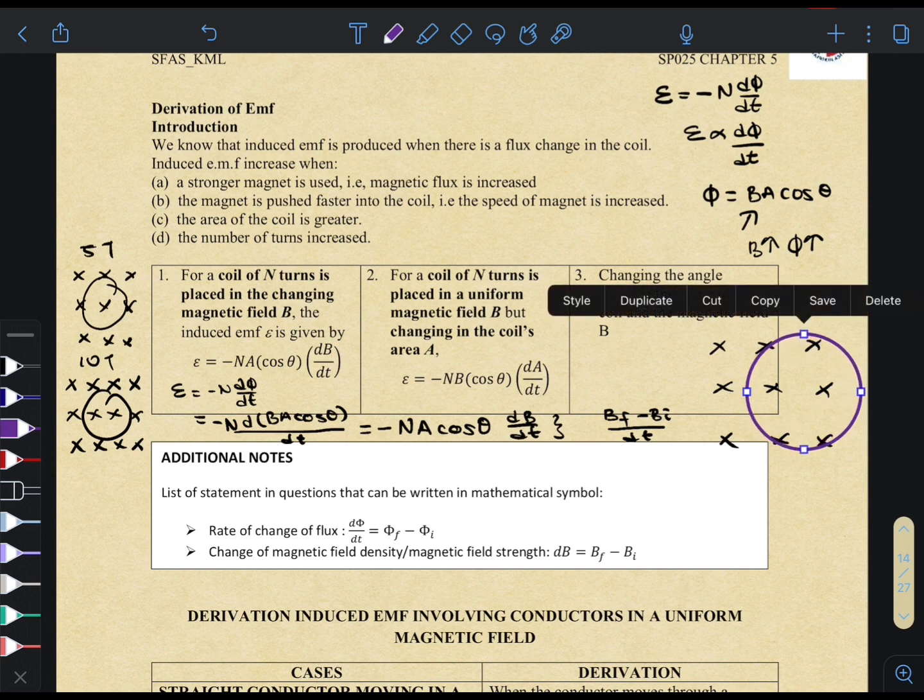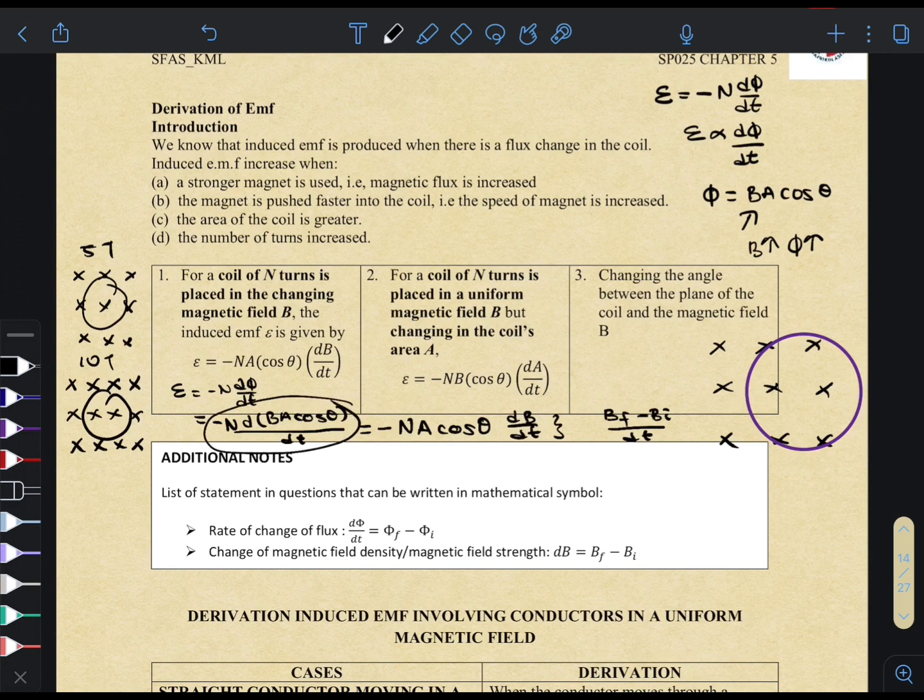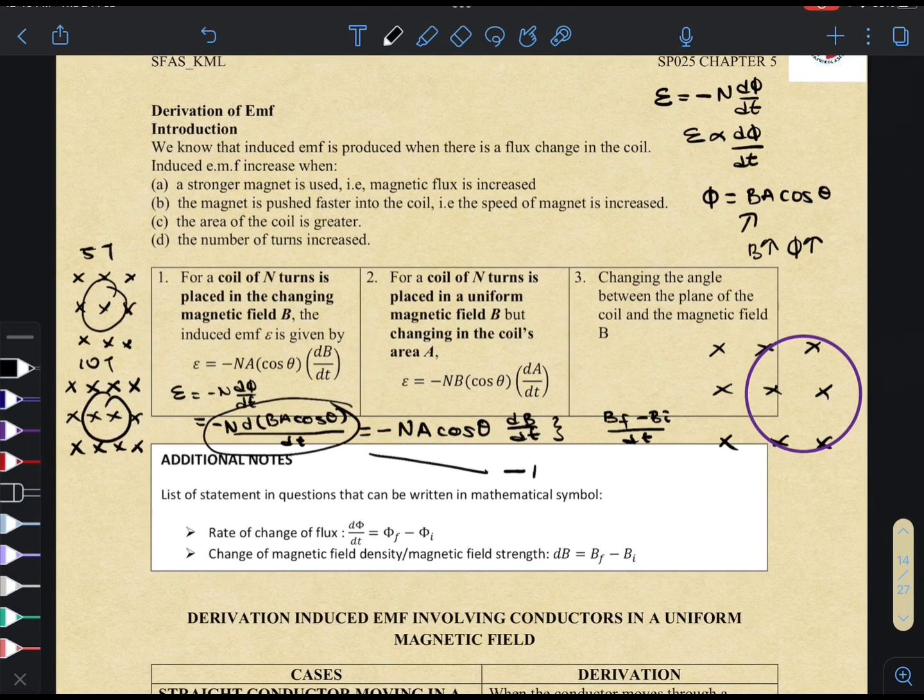So when you increase the area, what is going to happen is you're going to have more B that crosses this cross-sectional area. Our area is the one that changes. So when area changes here, this same equation we will write as negative N, B does not change, cos theta does not change, dA over dt, as your area is the one that is going to change.